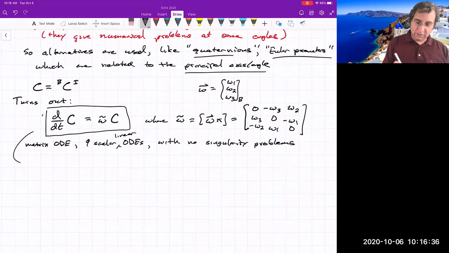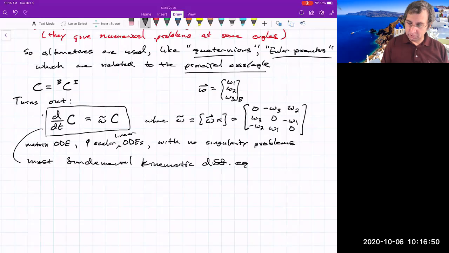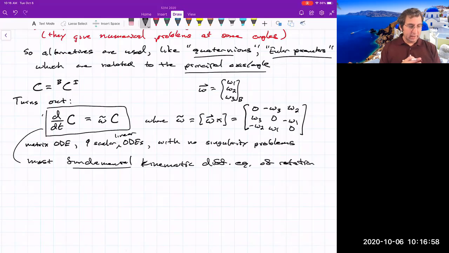In fact, you might call this the most fundamental kinematic differential equation of rotation. And the principal axis and angle is actually based on this fundamental kinematic differential equation.